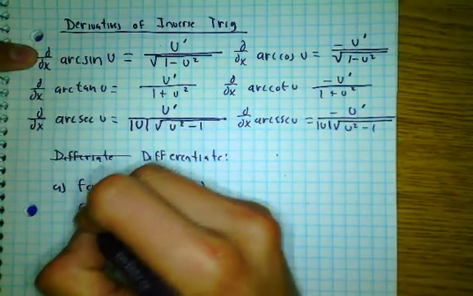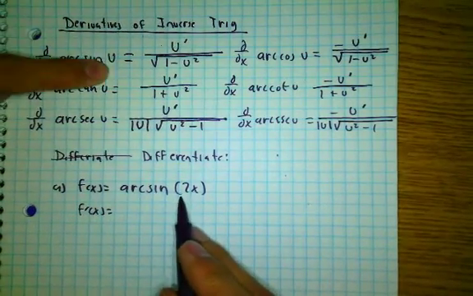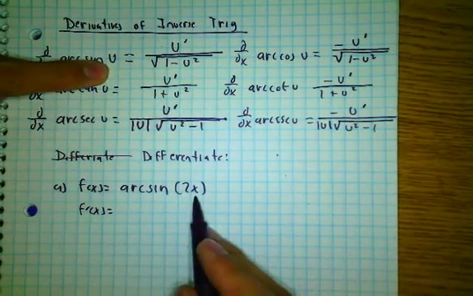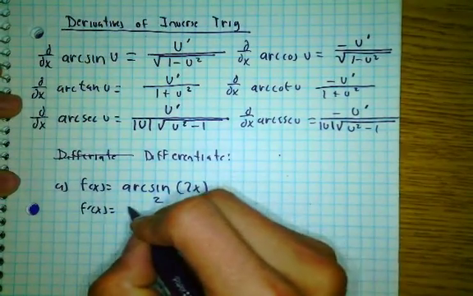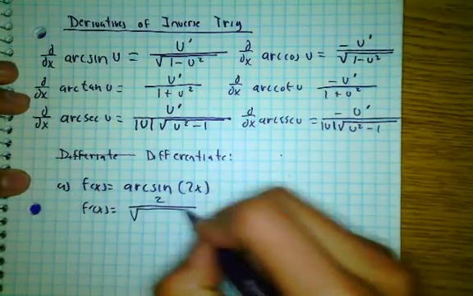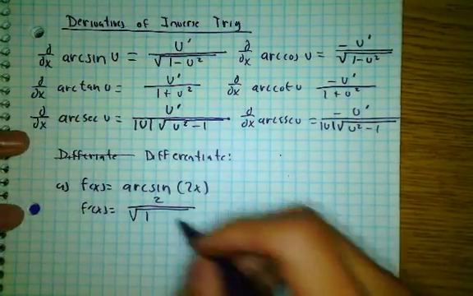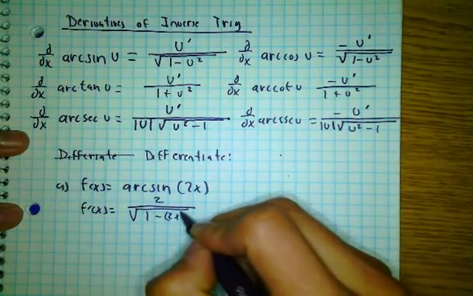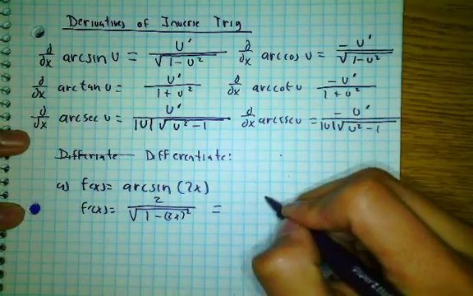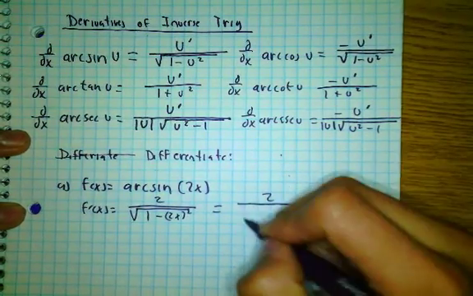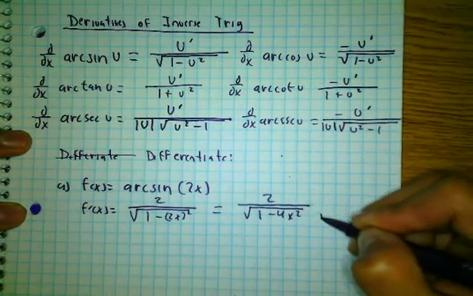The derivative of 2x is 2, divided by the square root of 1 minus u squared. Well, if u was 2x, so minus (2x) squared. Simplify it just a little bit, and I would call this a safe stop. Cool? Like, don't do anything else. Stop there. There's no need to.